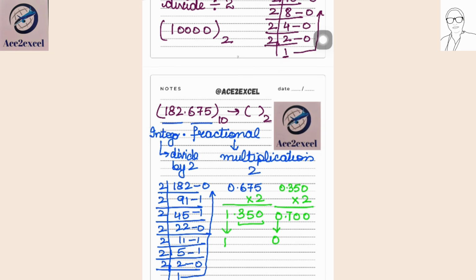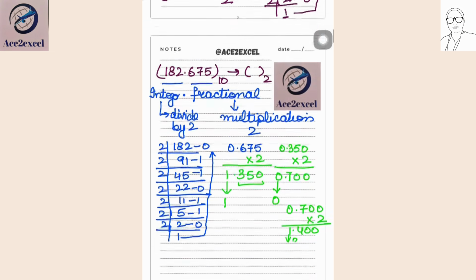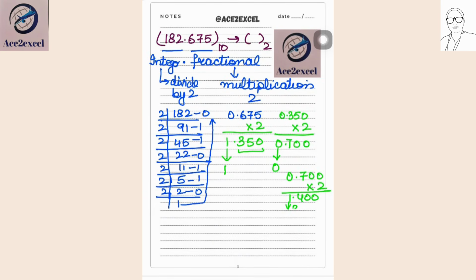Again using the fractional part. And you will continue this till you have either 0 in the fractional part, or if you are not getting 0, you will continue for a bare minimum of 4 values.